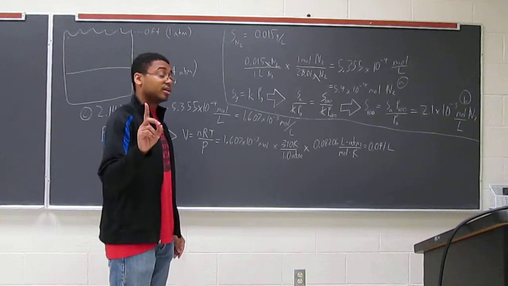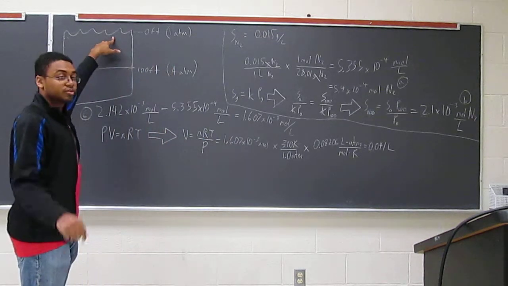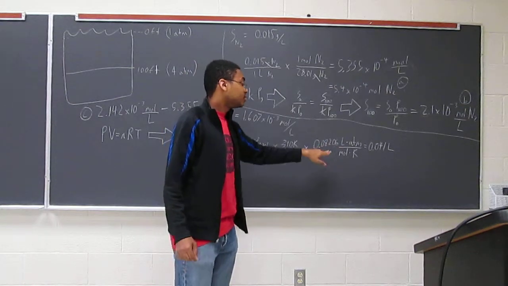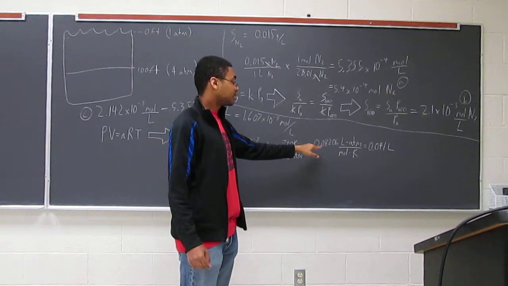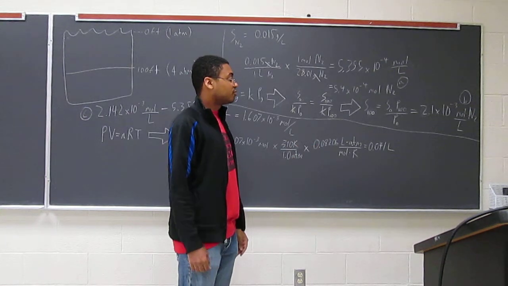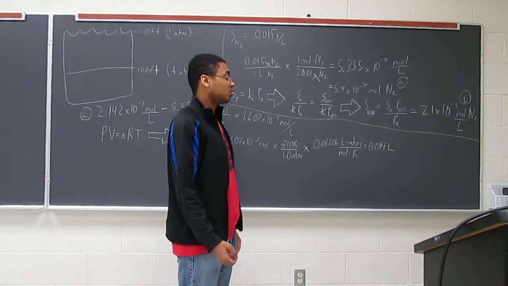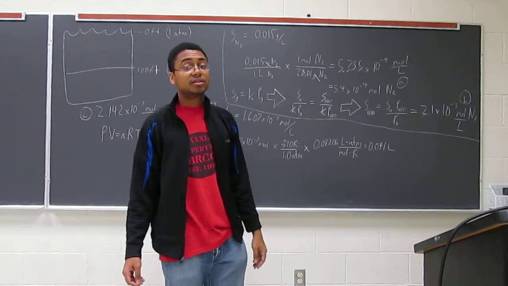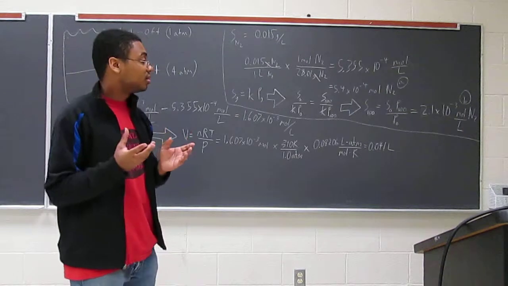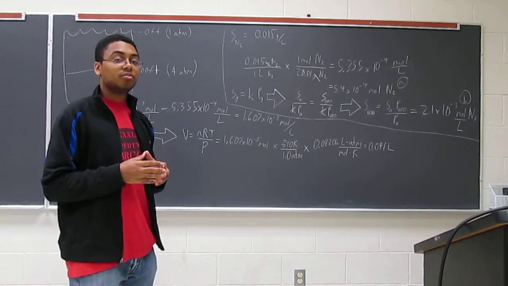Divide that by 1 atmosphere, which is the pressure at 0 feet. And then multiply that times the gas constant R, which will lead you to 0.041 liters or 41 milliliters of nitrogen gas that will bubble out per liter of blood.